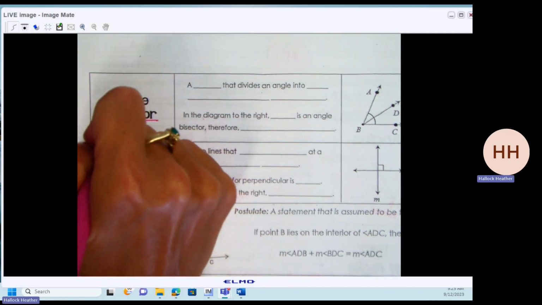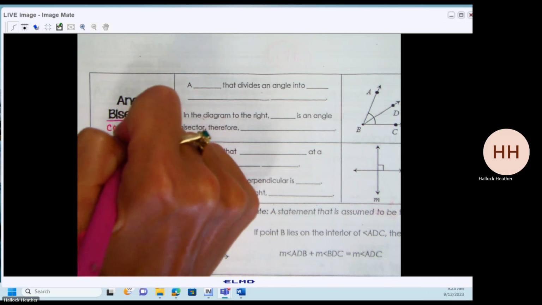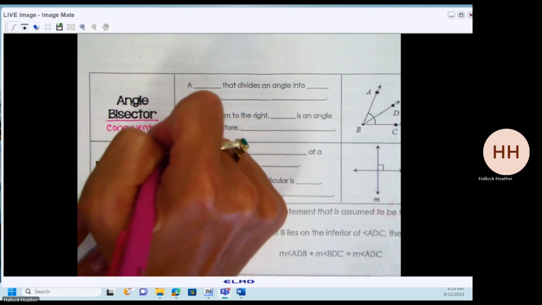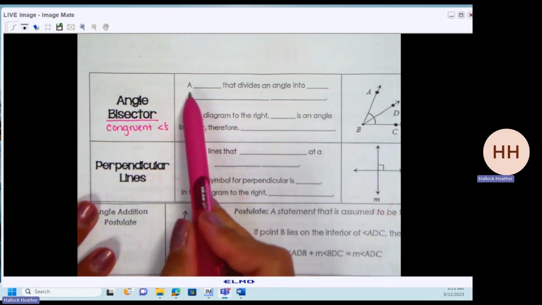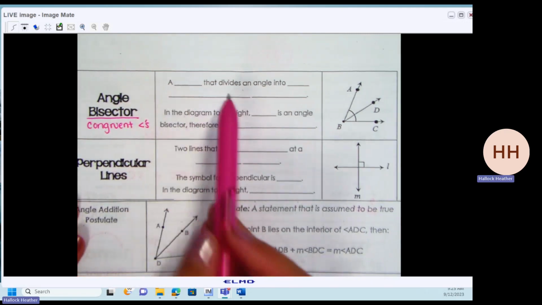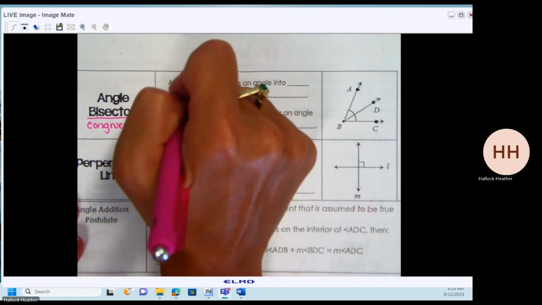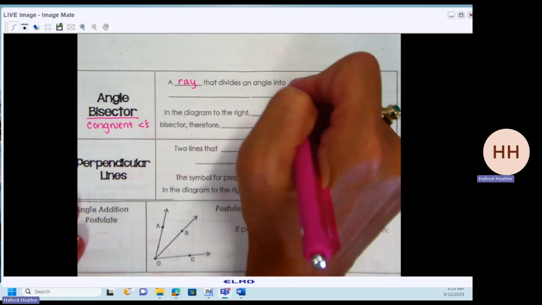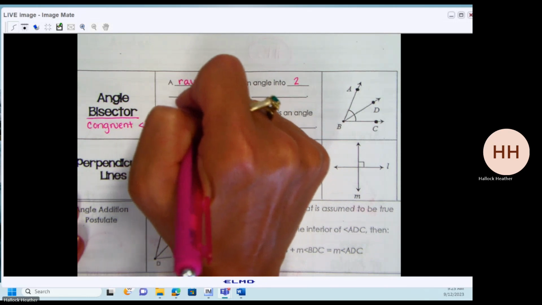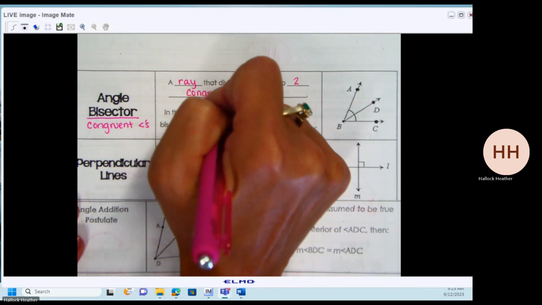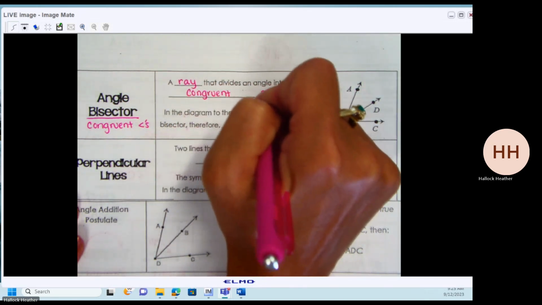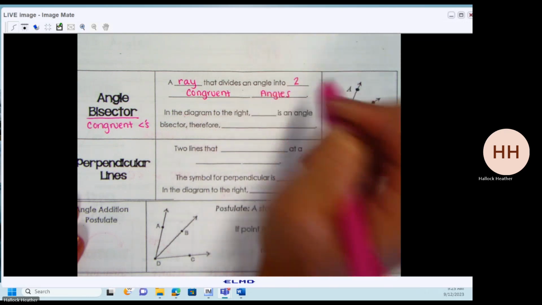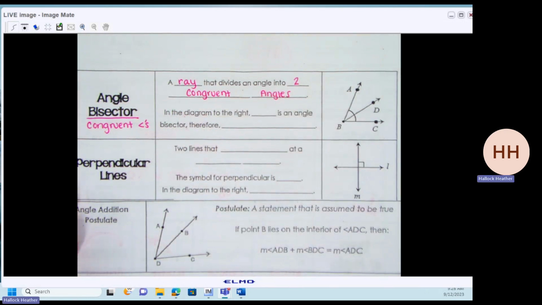So this is making congruent angles. So what we're going to say is a ray that divides an angle into 2 congruent angles is creating an angle bisector.